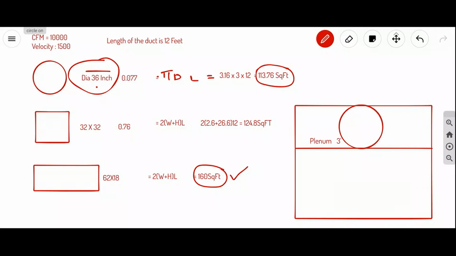There are some standards where I need to maintain 6 inch from the top and 6 inch from the bottom as a clearance space. Why? Because not only HVAC, we have other services to run, right? Yes. To run other services we need a clearance space. So to maintain this clearance space, we are restricted in using this duct.